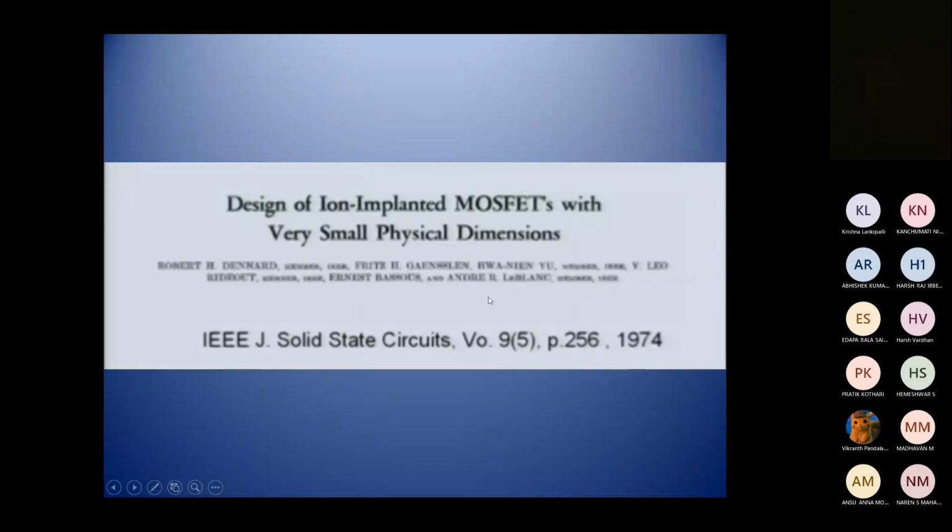It's very important, so that you can get an idea of how the small physical dimensions of MOSFET devices play a key role. Because of this research article, a significant contribution has been made to make small nano devices. Now we are able to arrive at about 2 nanometer, 4 nanometer technology processes, in which we can make the devices. So whenever you find free time, just go through this article so that you can get an idea.